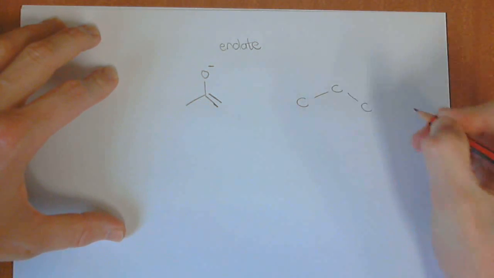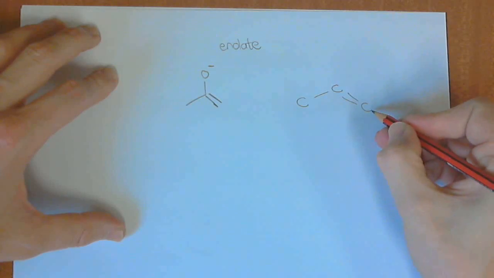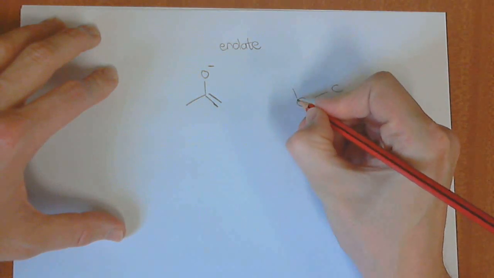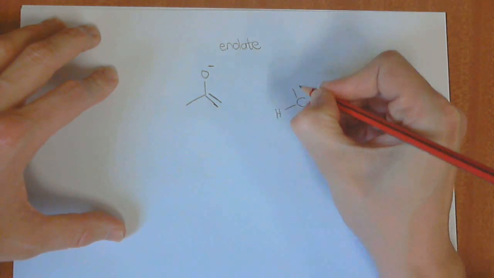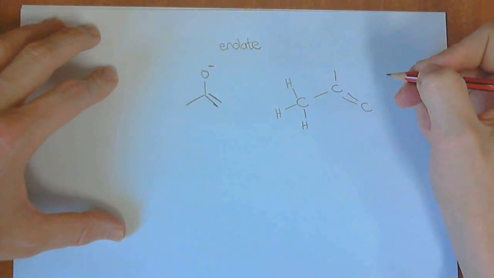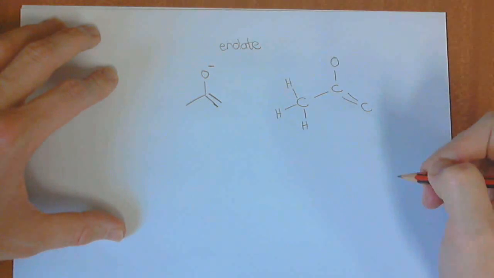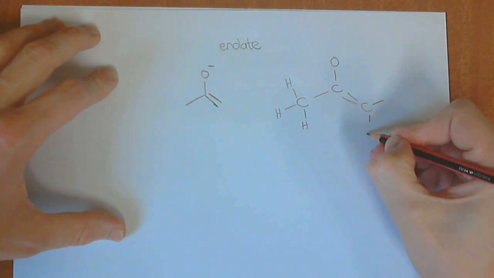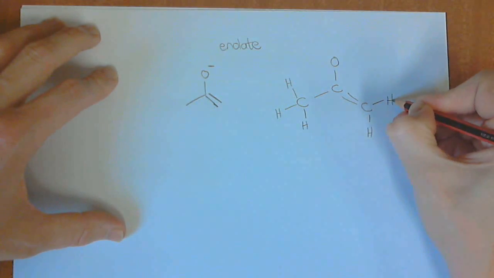There are 3 carbons. It's a double bond between those 2 carbons. This one has 3 hydrogens on it. There's a single bond to the oxygen, and this must have hydrogens on it like that.